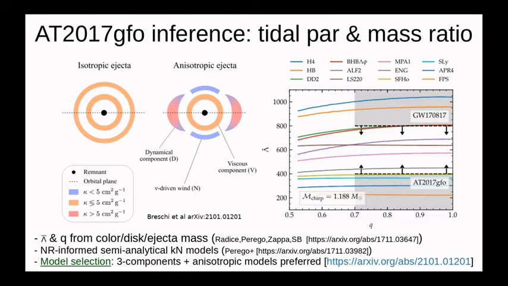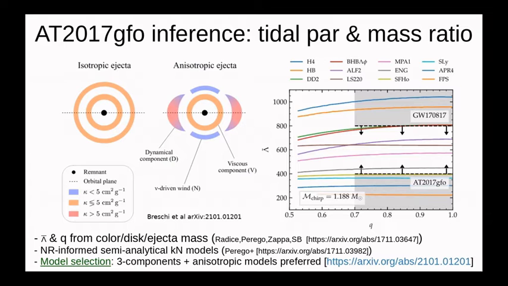And as for the kilonova observation, it can effectively constrain the reduced tidal parameter and the mass ratio. For example, if you have a bright blue component, like the one that has been observed, this indicates the presence of a massive, or sufficiently massive, disk.